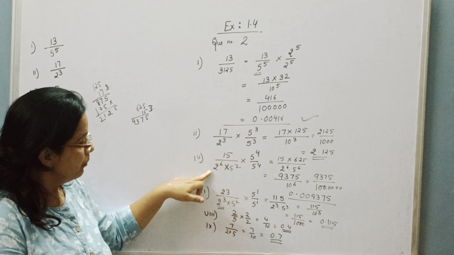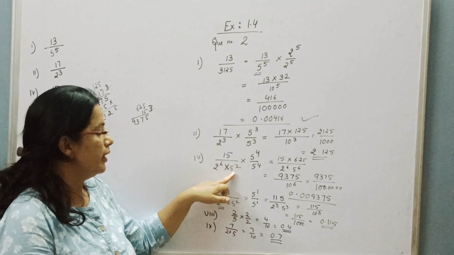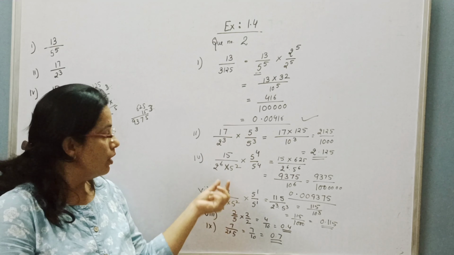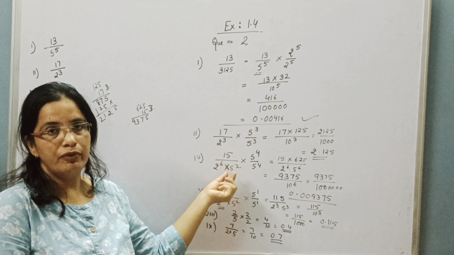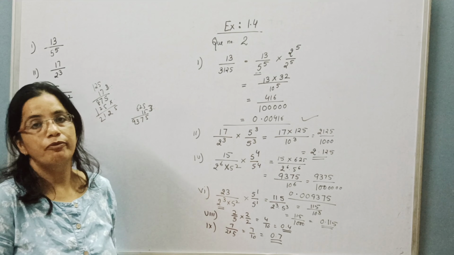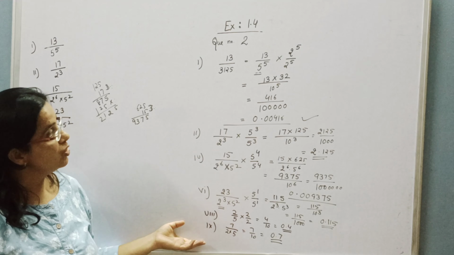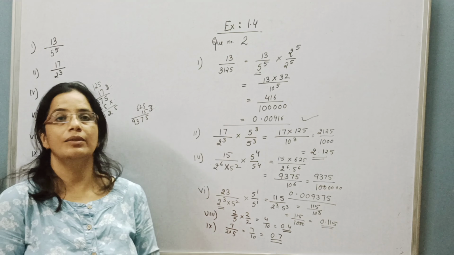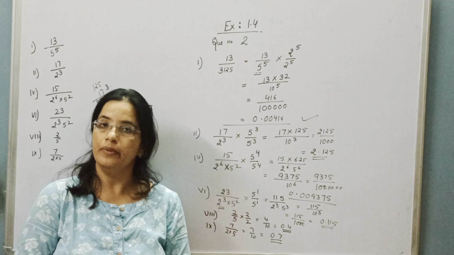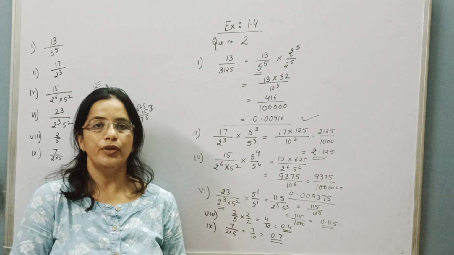For example, in part number 4, there are 6 powers of 2 but 2 powers of 5. The difference is 4 powers, so we will multiply by 5 raised to power 4. So this is the concept, and in this way you can find the decimal expansion of the rational numbers. I hope you all have understood. Thank you for watching.